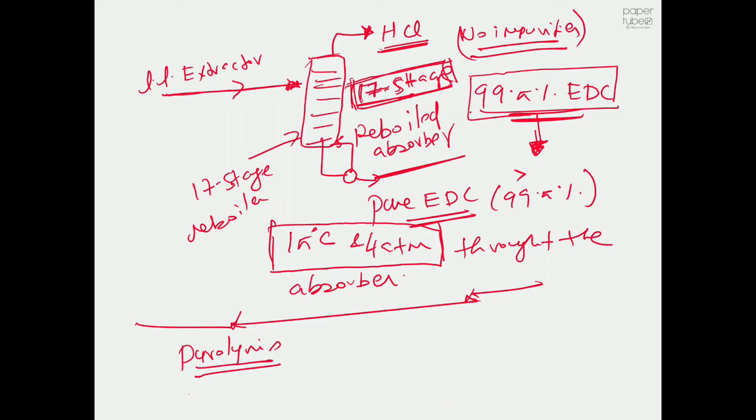I hope you all remember the reaction stoichiometry. So let me write it here. We are going a bit slow, but that's okay. You will understand why we are going very slow.